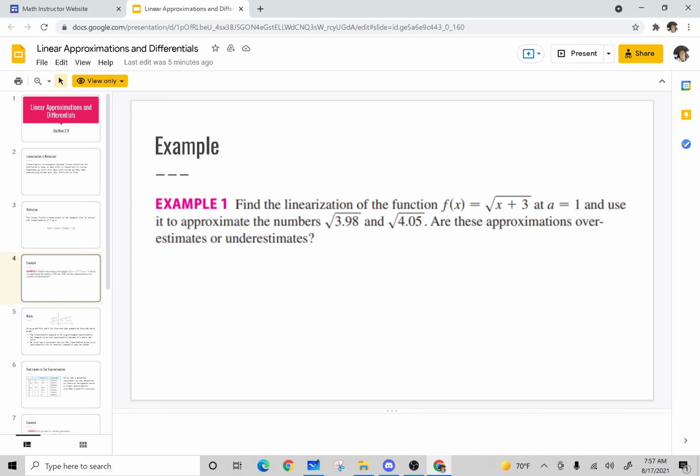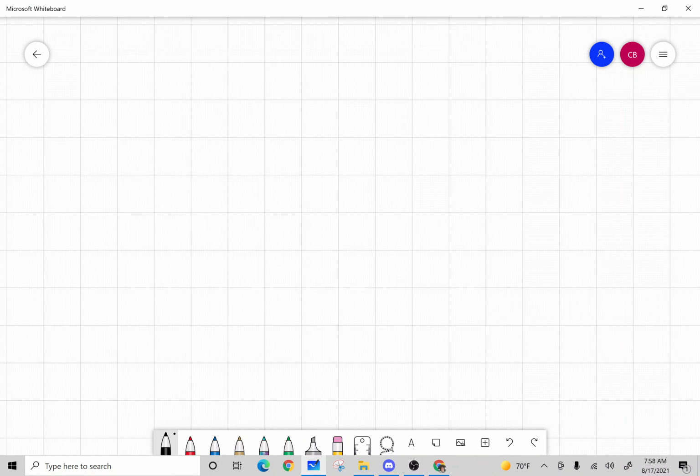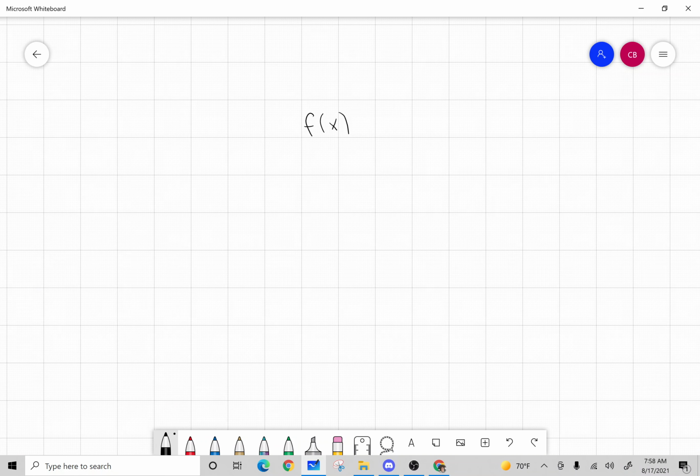It says find the linearization of the function square root of x plus 3 at a equals 1, and use it to approximate the numbers 3.98 and 4.05. Are the approximations overestimates or underestimates? So f of x is the square root of x plus 3, so let's find the derivative of this.